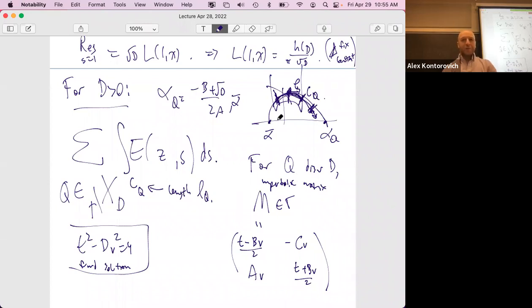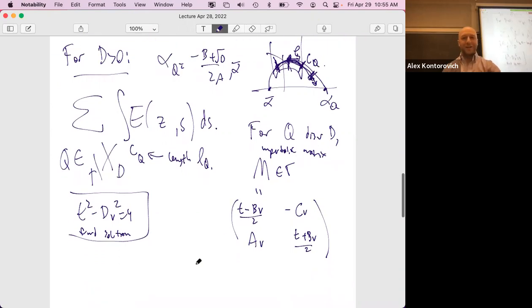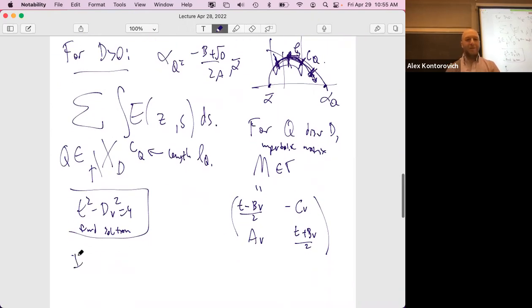Given a matrix, we get a closed geodesic. Well, how do we get a closed geodesic? If g in G, which I'm identifying, I'm reminding you, it's all coming together, this is the unit tangent bundle of the upper half plane.